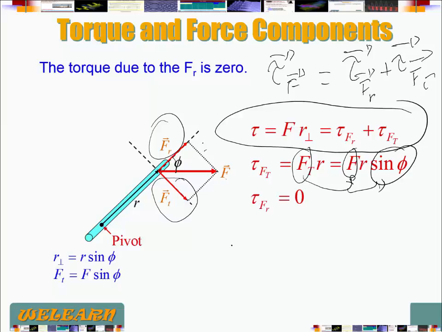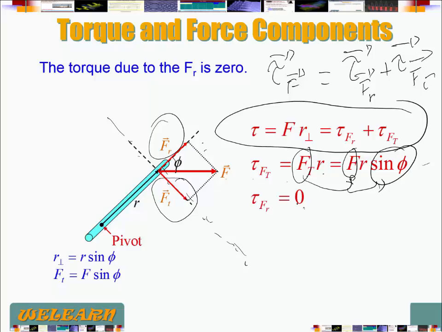The line of action of Ft is here. So its lever arm is R. So its torque is Ft times R, F sine phi times R. That's what we have here. However, for Fr, its line of action passes through the pivot. So its torque is 0.